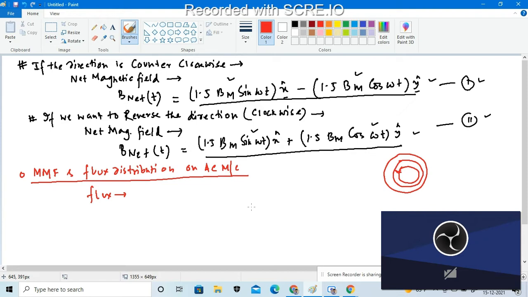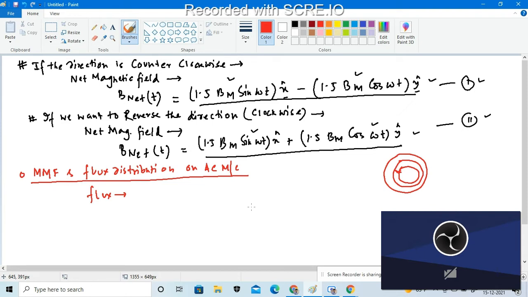So we have a practical AC machine with a cylindrical, or non-salient pole rotor, and then an AC machine with a salient pole rotor, and there are different aspects according to the design of the rotor. Our flux density, flux distribution and mmf will change according to the design of the rotor, whether it is cylindrical or a salient pole rotor.